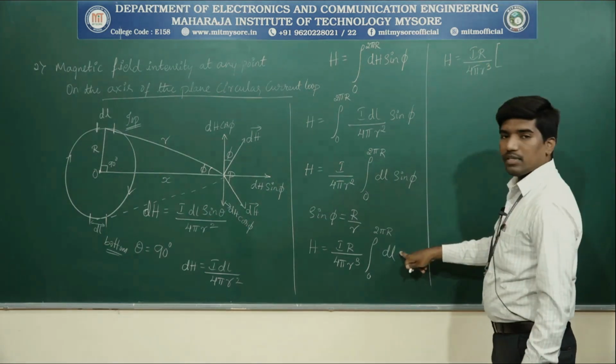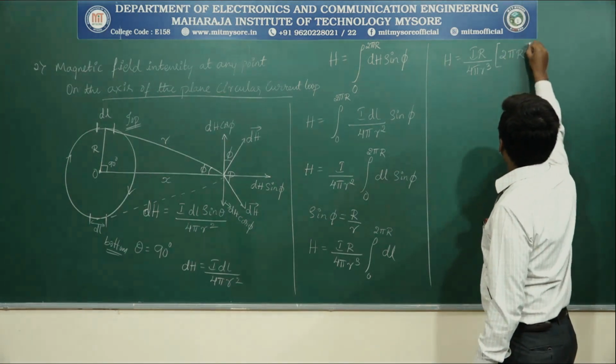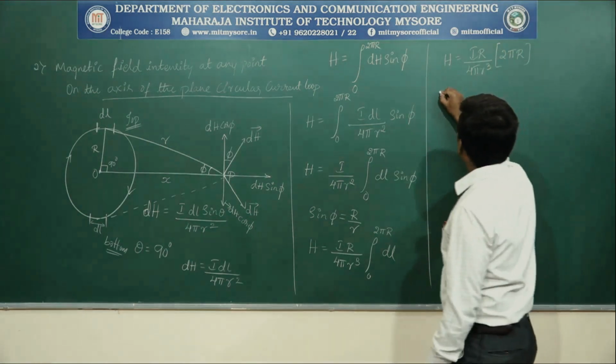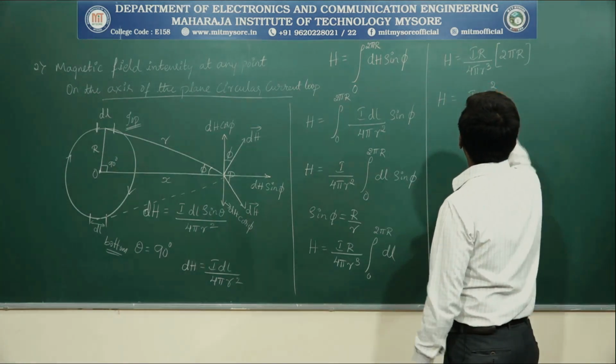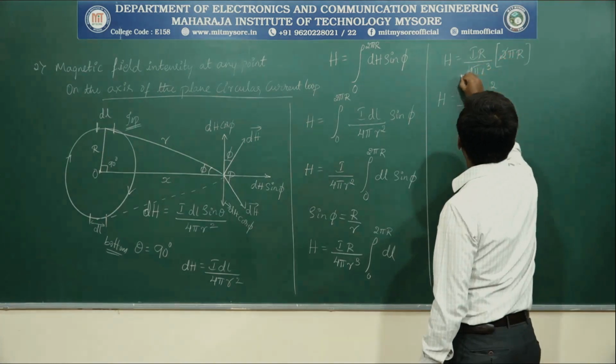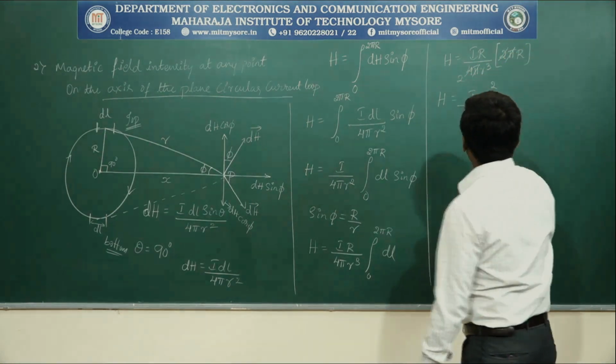What is the integration of this? L. So if I apply this, it can be written as 2 pi r minus 0. No need to write that. H is equal to I into r square divided by, pi gets cancelled, 2r cube.